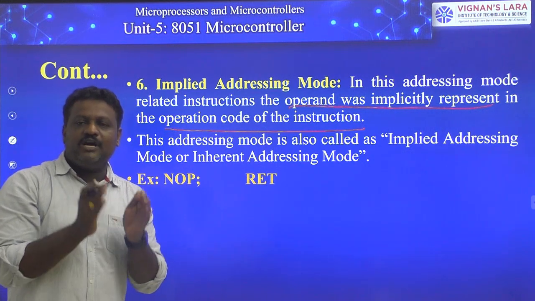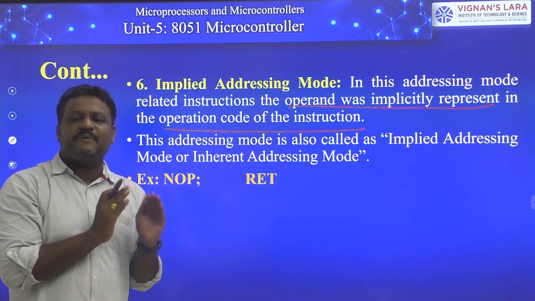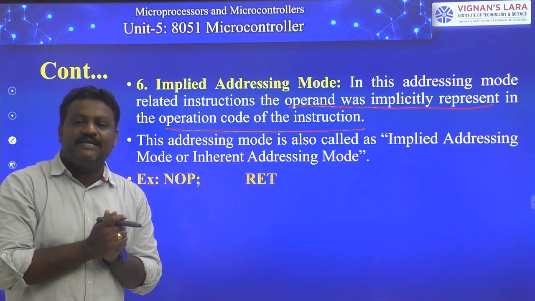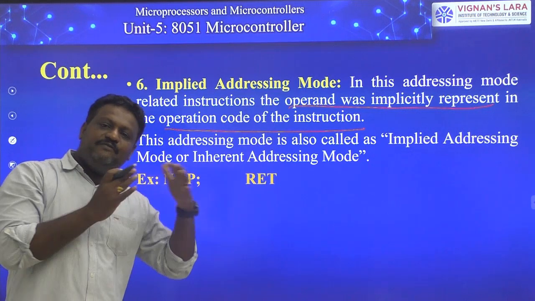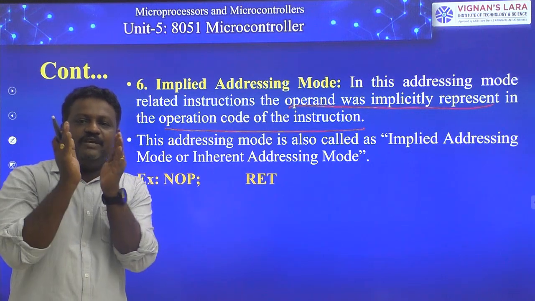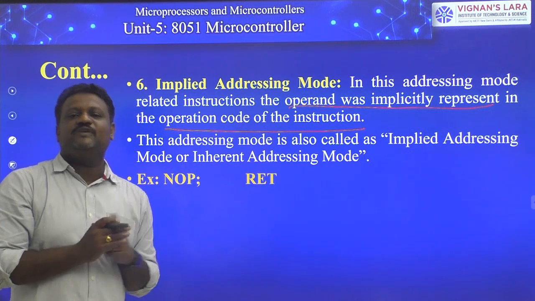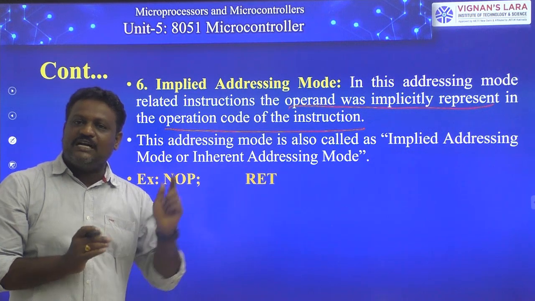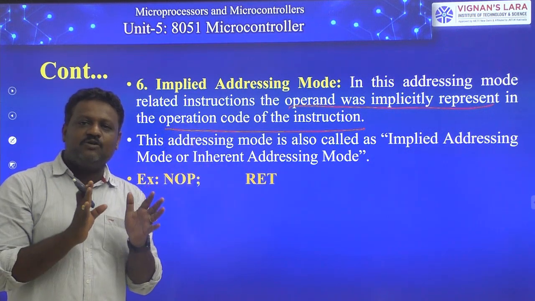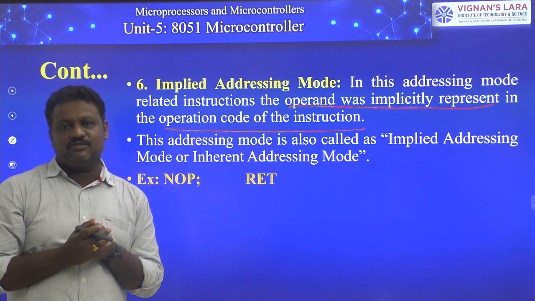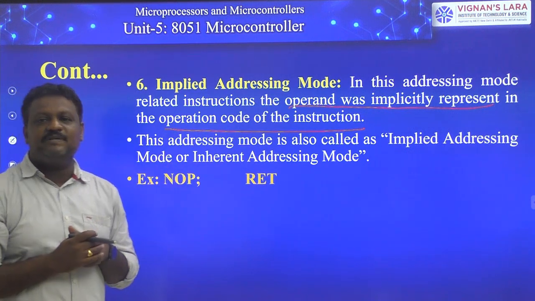That means we have an operation code part as well as an operands part. So our previous addressing modes can be called explicit addressing modes. But this is an implicit addressing mode.